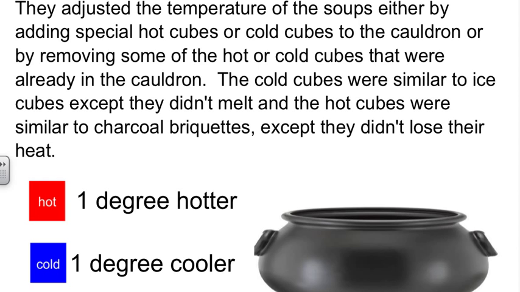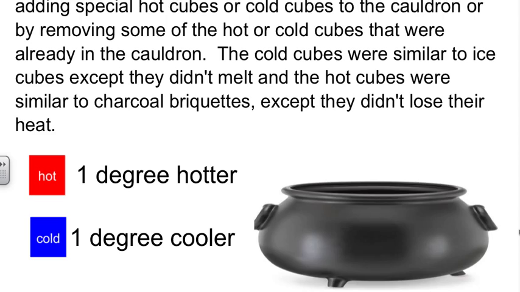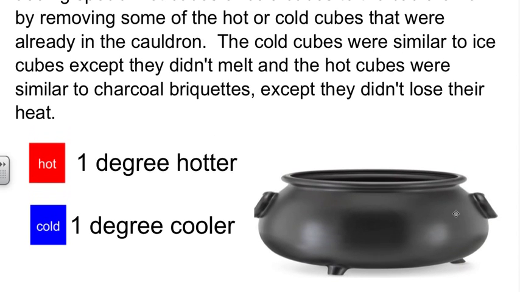The cold cubes were similar to ice cubes, except they didn't melt. And the hot cubes were similar to charcoal briquettes, except they didn't lose their heat. So once I put in a hot cube, it stayed warmer. And if I put in a cold cube, it stayed cooler. It didn't melt, it didn't lose its power, it didn't lose its temperature.